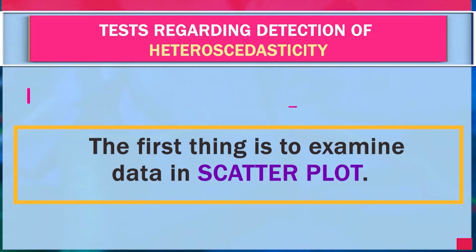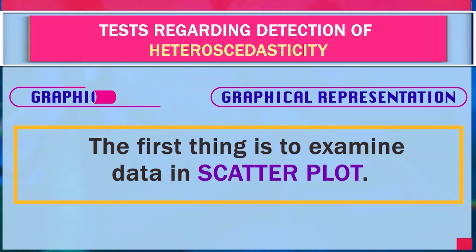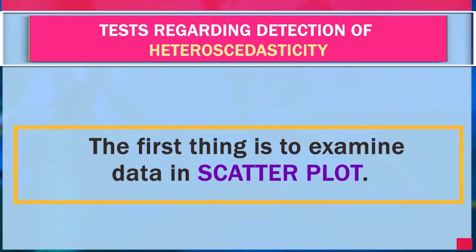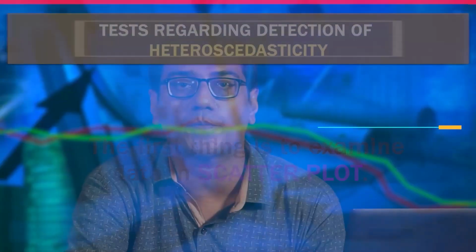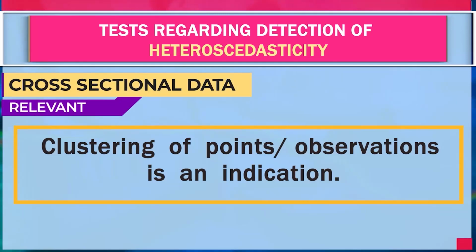So here we look for the graphical plots or the graphical representation. Graphical plot basically refers to a scatter plot where we observe the detection of the problem, and in case of the heteroscedasticity problem, we find clustering of points coming up, which is very relevant in any cross-sectional data where, for a particular income group, the spending will be very high for the high income groups, or for the low income groups in a sample, the spending may be very low.